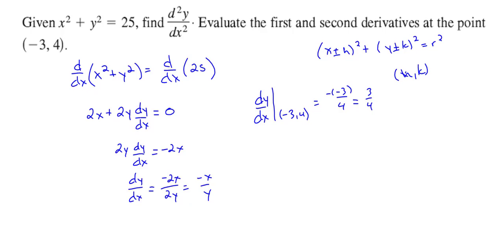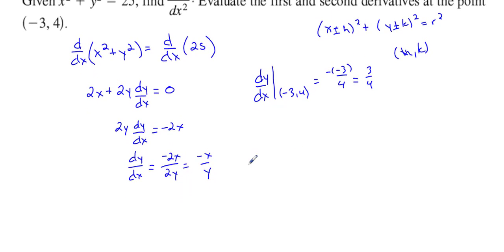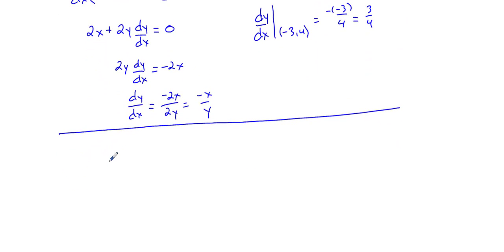Now let's find the second derivative. That means taking the derivative of the first derivative. So we're going to find d/dx of dy/dx, and then d/dx of negative x over y.